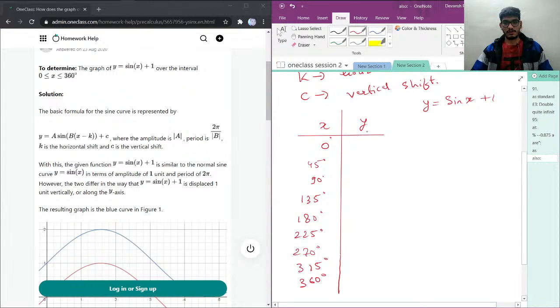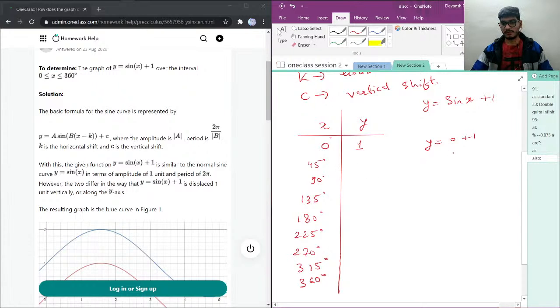For y, let's start with the first value. y equals sine of 0, which is 0, plus 1, which will be 1.